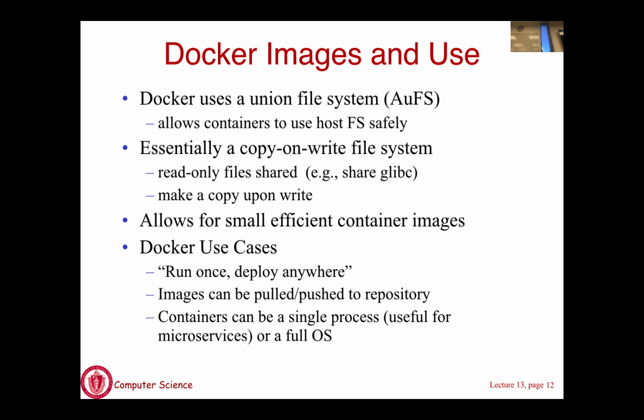Okay. So, let us say you have a file, user foo, okay, which is visible both outside the container and inside the container. Okay. Now, let us say there is an application here, okay, that modifies this file user foo.